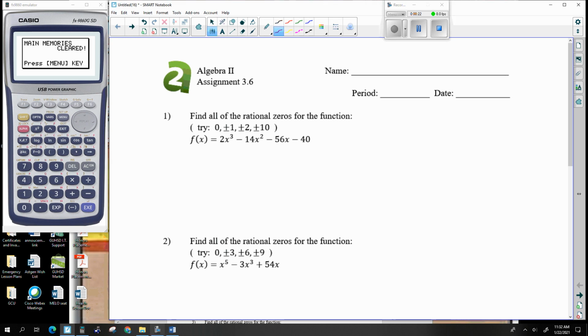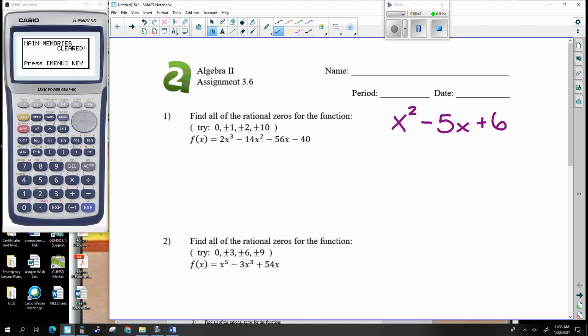Let me break down a simplistic idea for you. If I start off with a basic equation, let's keep it basic: x squared minus 5x plus 6.